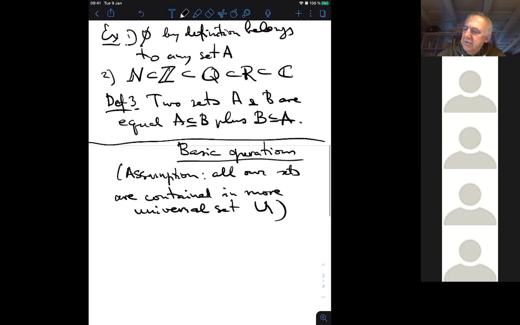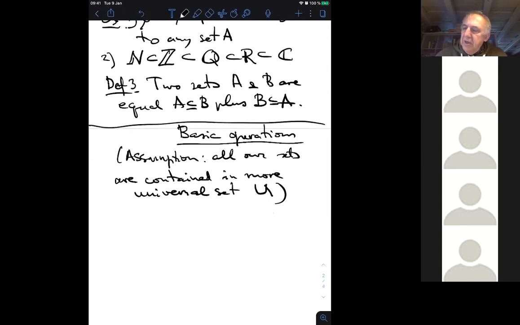Otherwise, we can run into some difficulties. This U will never appear in our specific considerations, but we have to keep in mind that all sets we work with are contained in some global universal set.